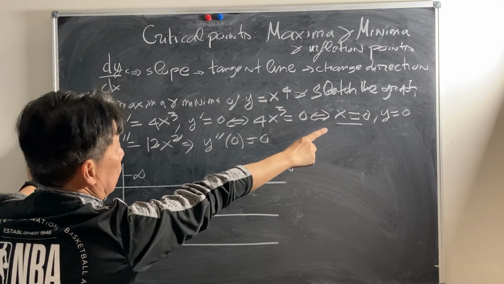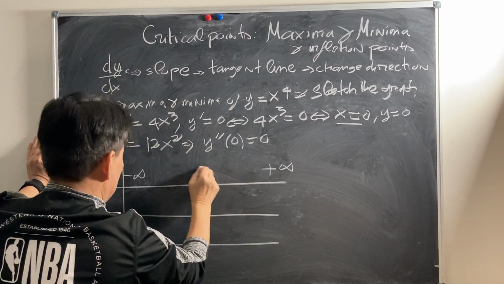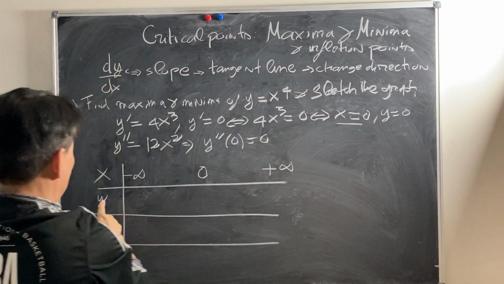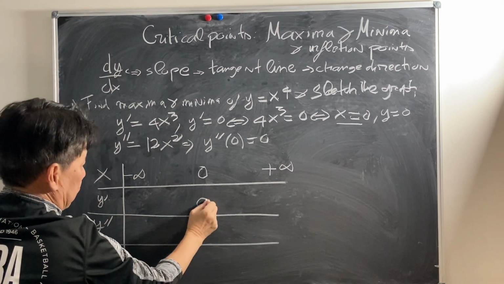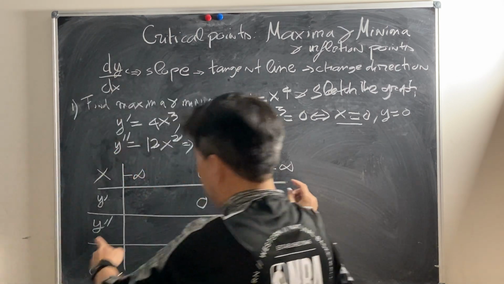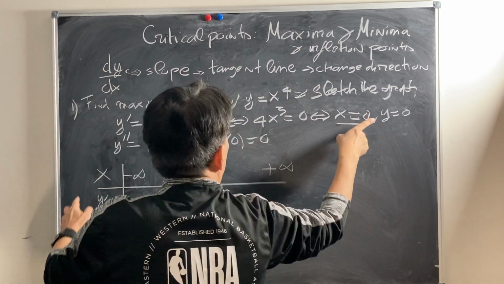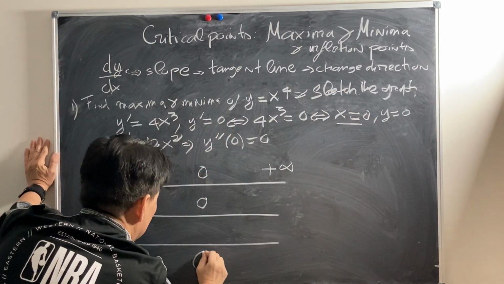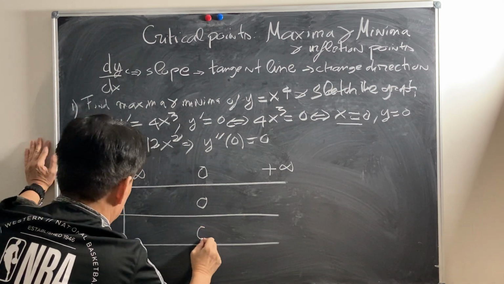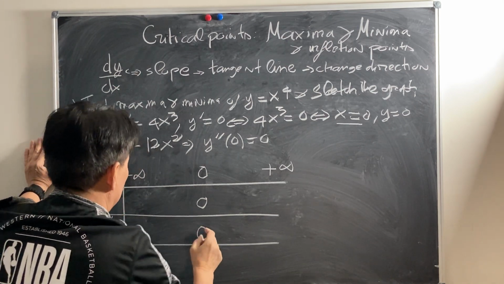So x equal 0 here. So we have y prime equal 0. So x equal 0, y also equal 0. At x equal 0, y double prime equal 0 too.